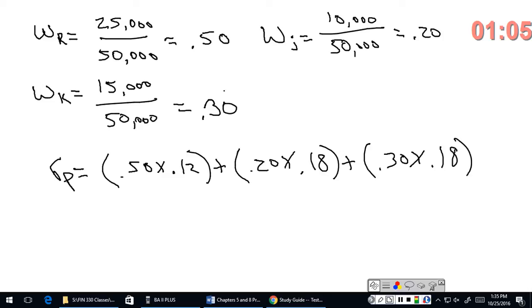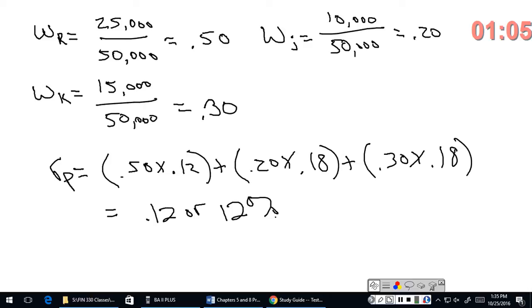And if we work through all this again, work through these separately, add them together, you should come up with 0.12 or a 12% expected return. Okay, so does everybody see where these numbers are coming from here, where I'm getting the weights and the returns?